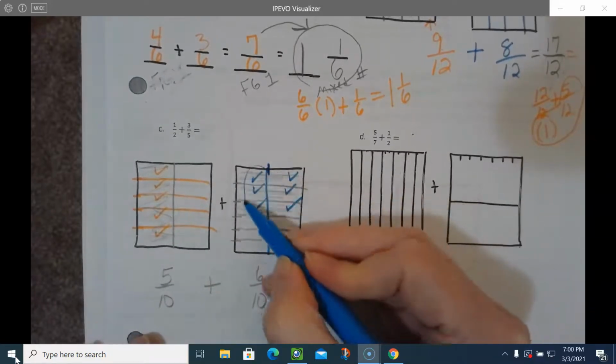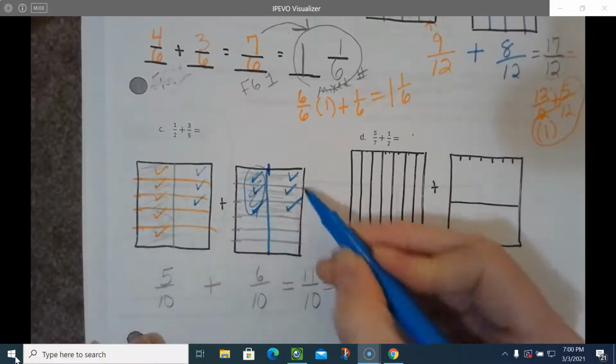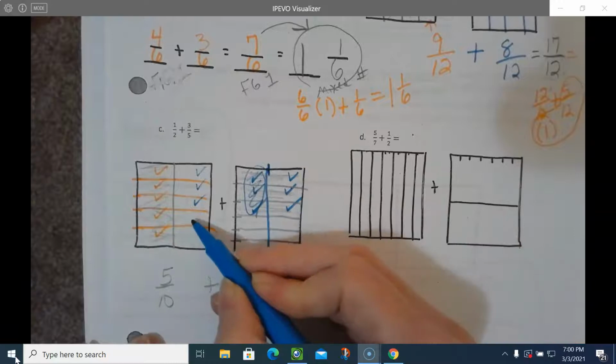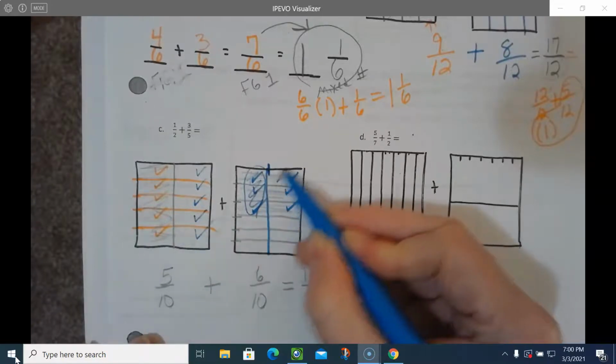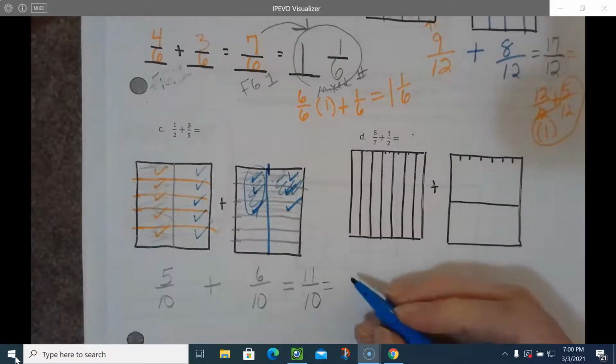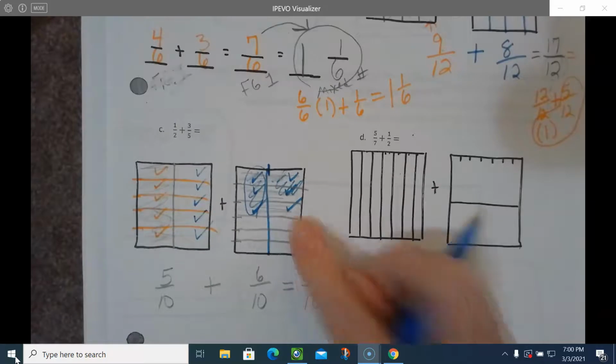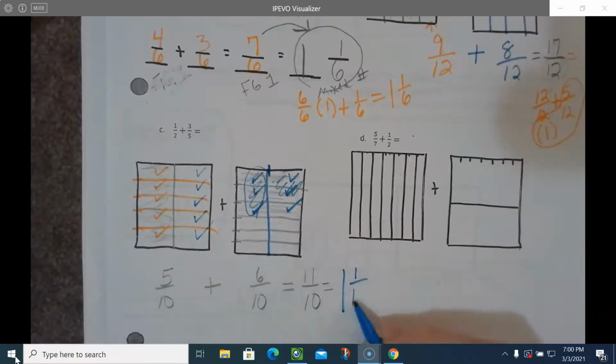So I can take, there's 3 right here. If I move those over here, and then I need 2 more, 1, 2 more, 1, 2 more. How much would I have left over then? So I have 1 whole square filled with 1 out of my 10 left over.